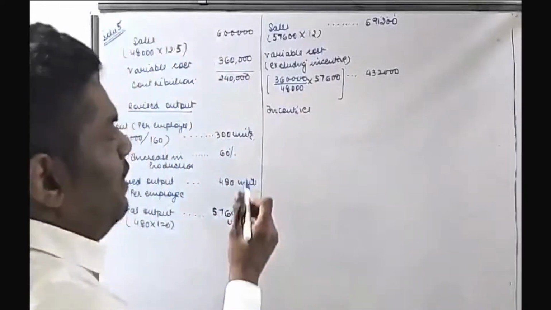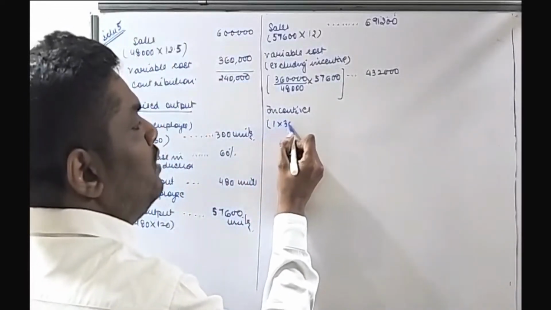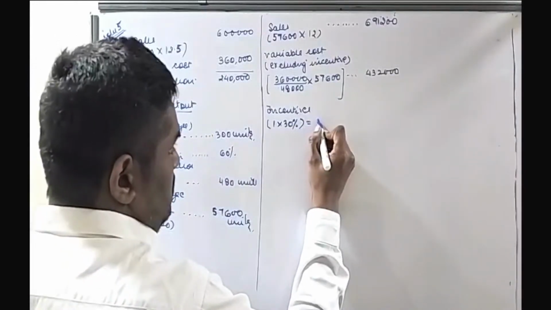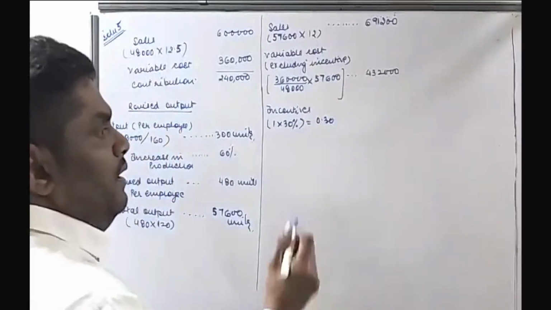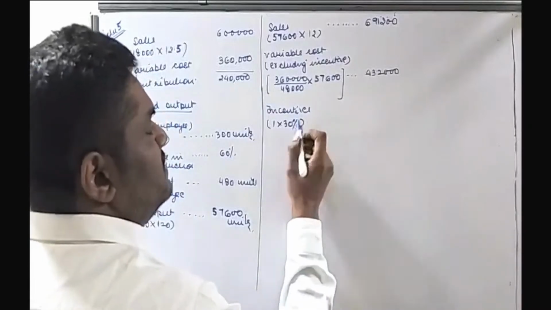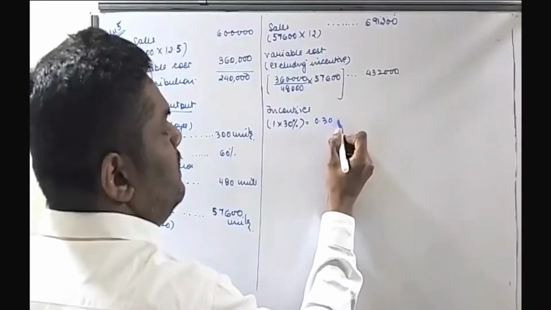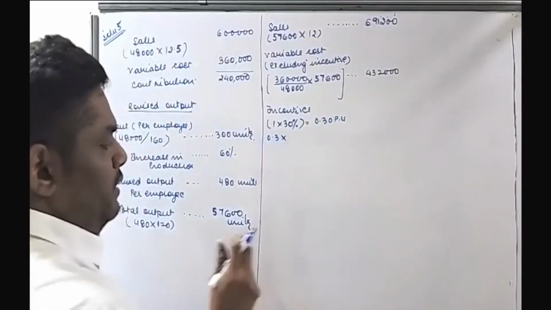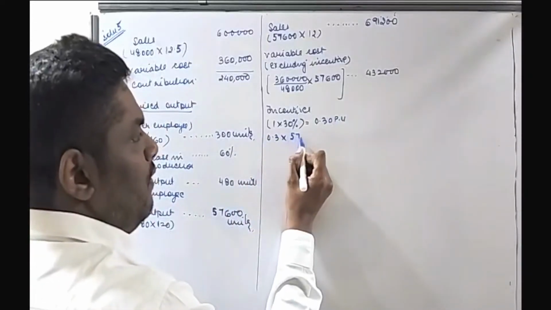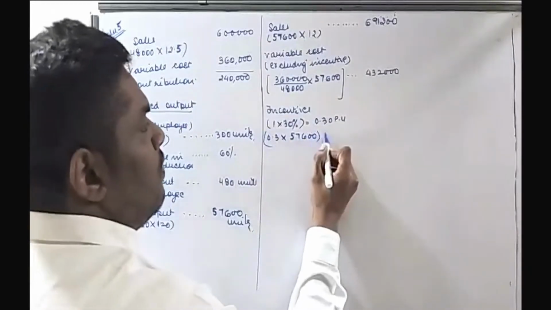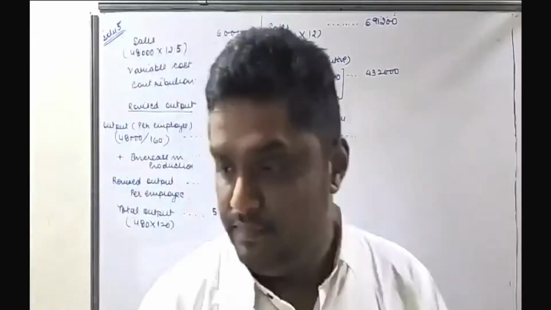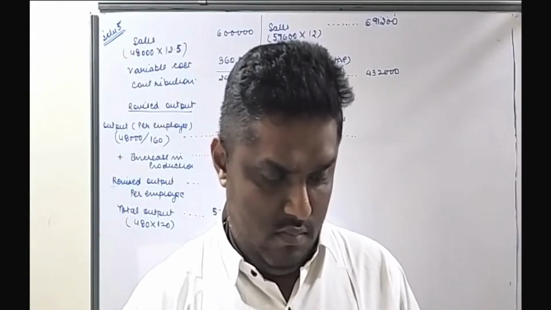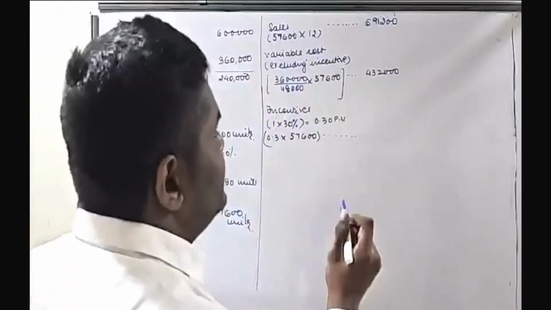So incentive will be 1 into 30%, that is 30 paisa per unit. So the number of units are 0.3 into 57,600, which is 17,280.